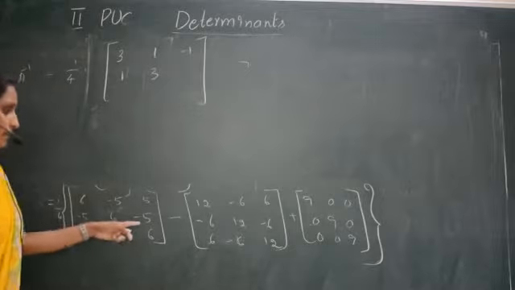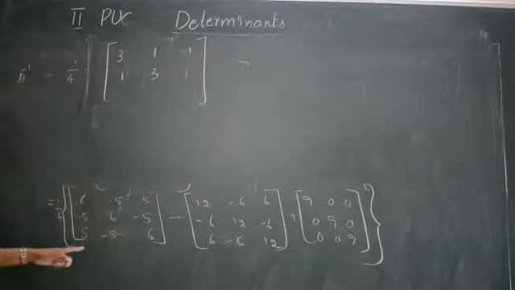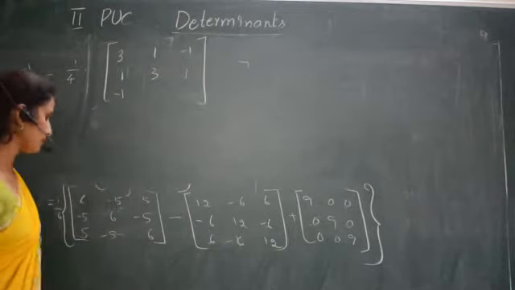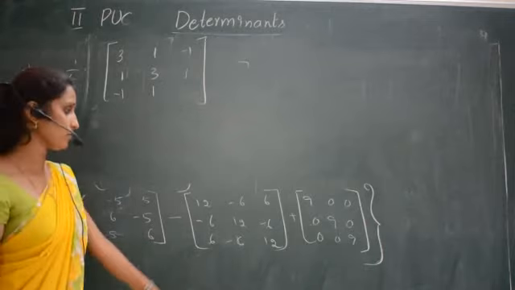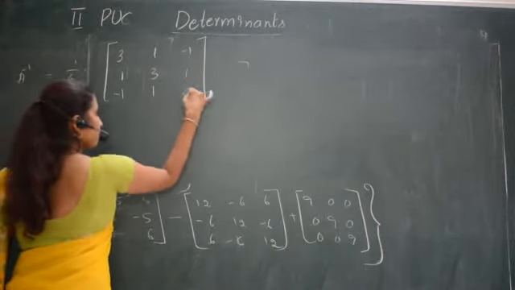And here minus 5 plus 6 is 1. Then here 5 minus 6 is minus 1. And here minus 5 plus 6 is 1. And here 6 minus 12 plus 9 is 3.